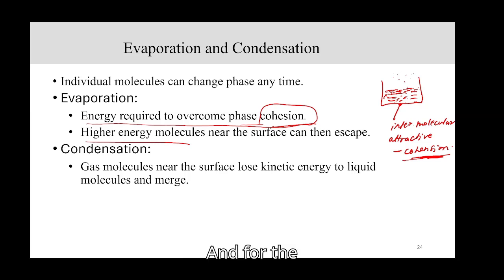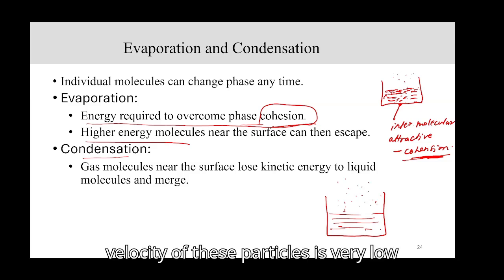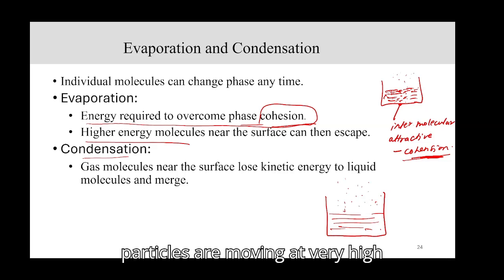And for condensation, say we have this water surface here, and there are some particles, sorry, it's not water particles, these are gas particles, water vapor particles, and some of these particles will lose their kinetic energy, like we said in previous slides, where we said that most of the particles move at the average velocity, and some of the particles are moving at very high velocity.